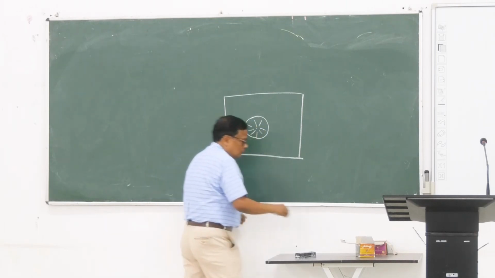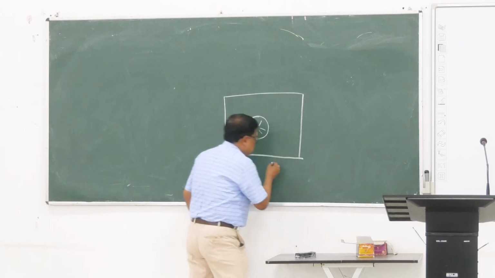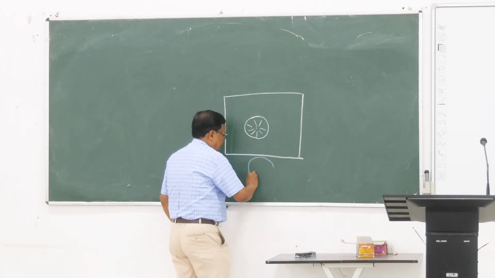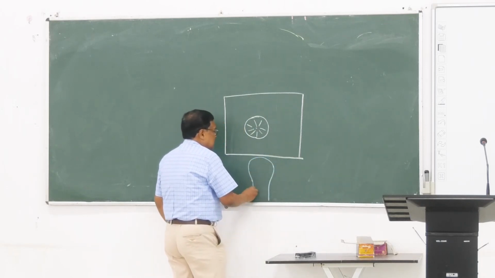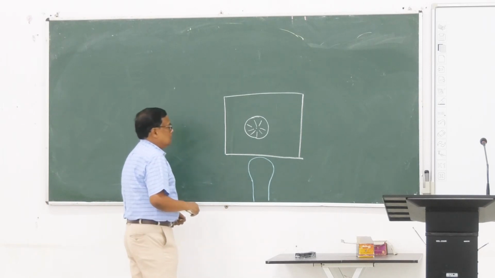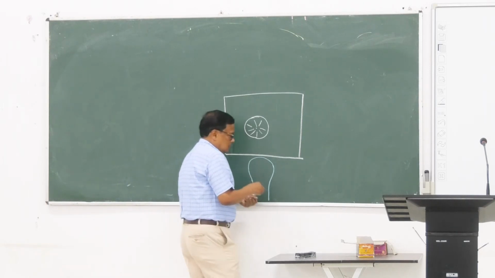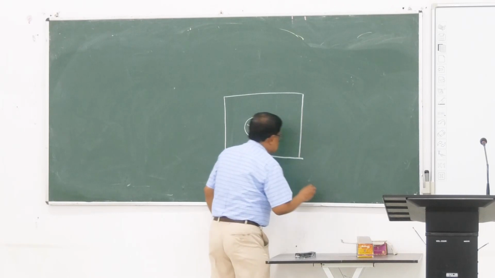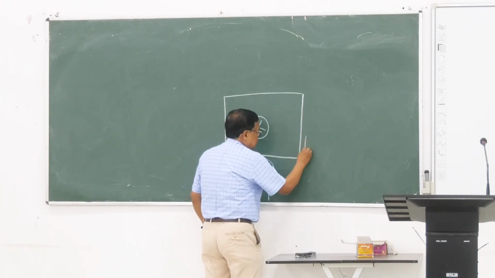It is the floor. Bulb of the internal jugular vein. This is the carotid artery.